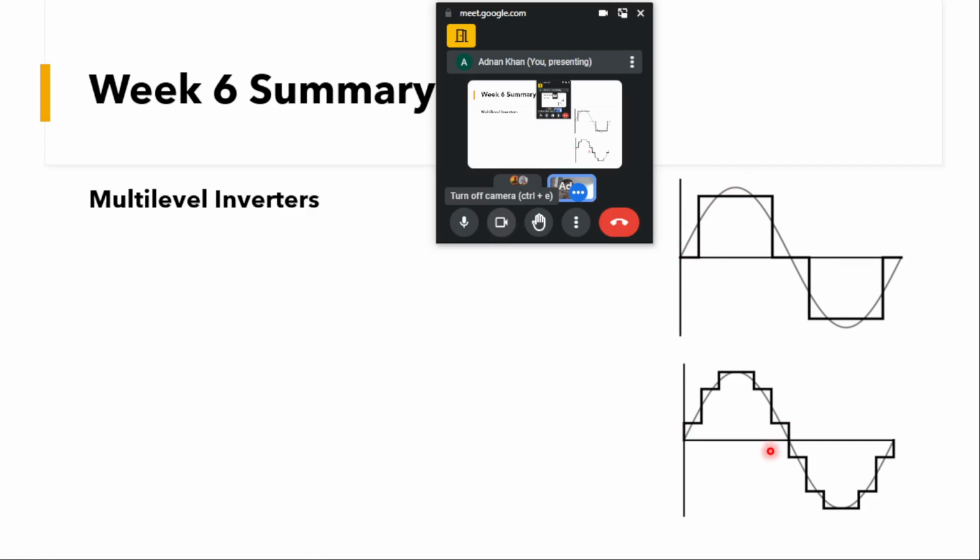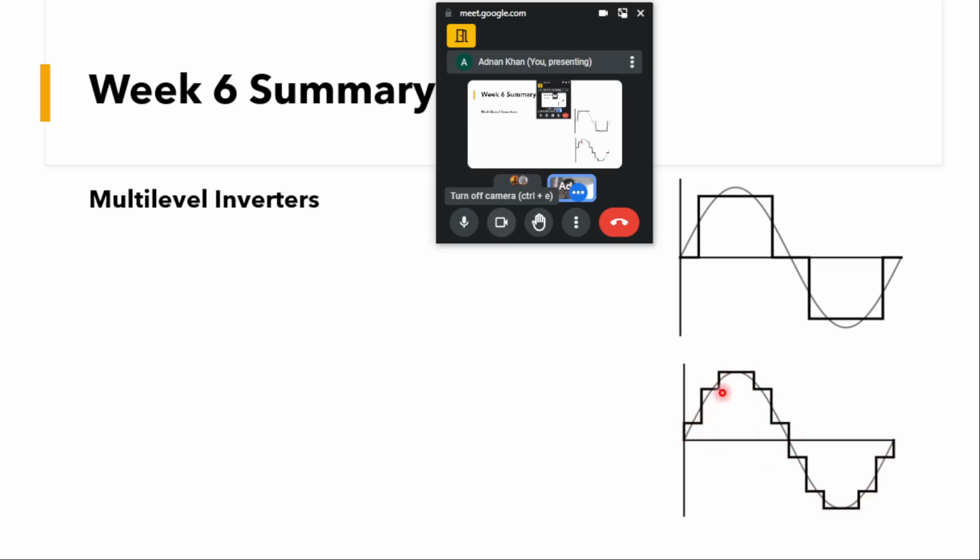Now if I am able to generate more steps, you can see here I have 1 step, 2 step, 3 step. You can see the instantaneous error has decreased, and this stepped waveform is closer to the sine wave.